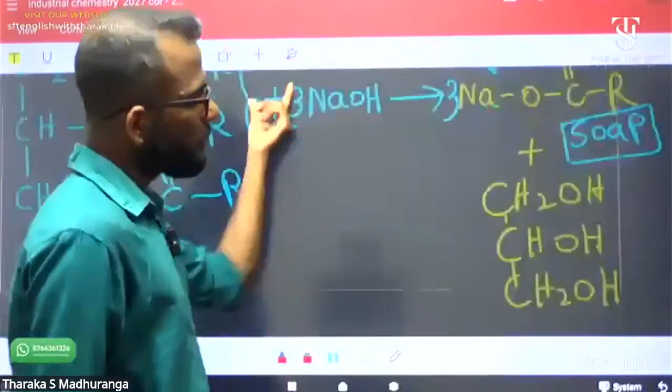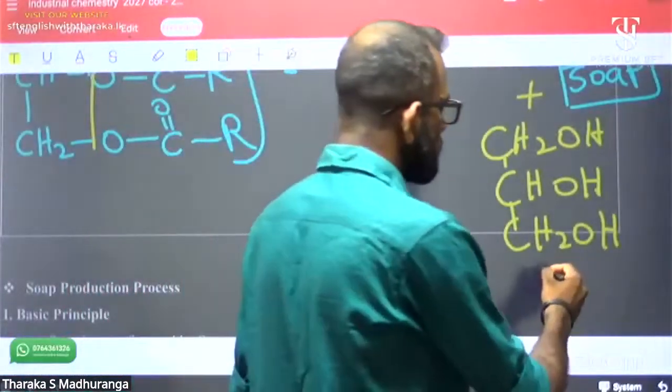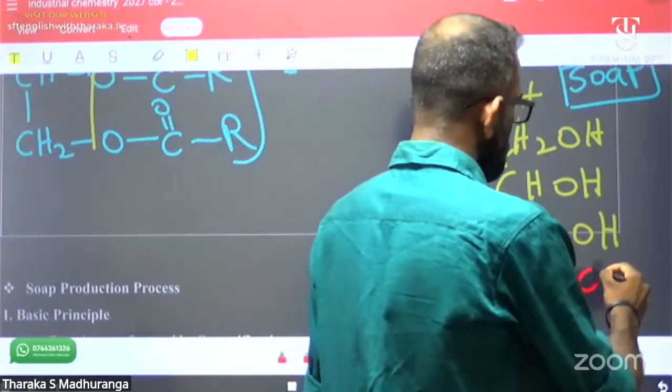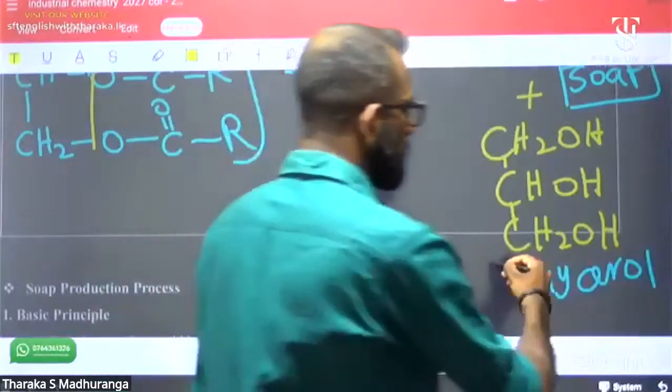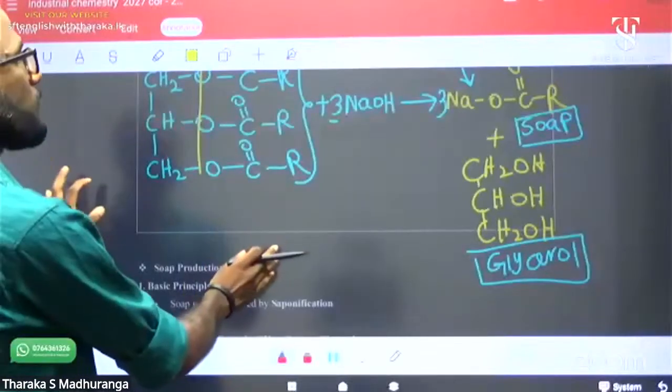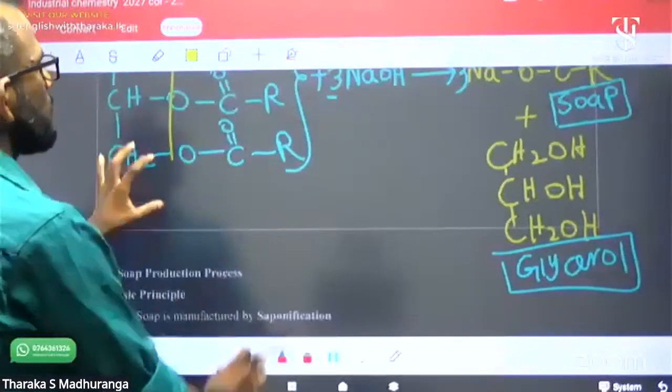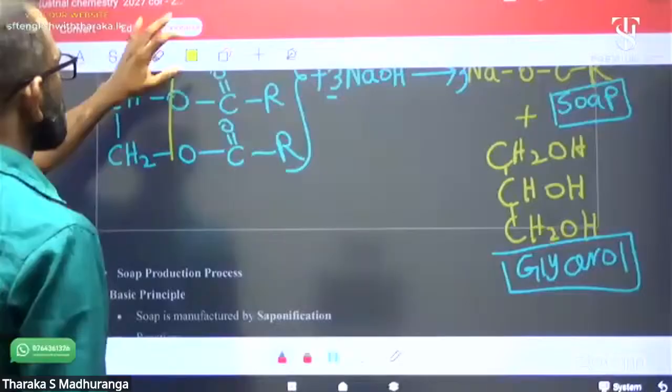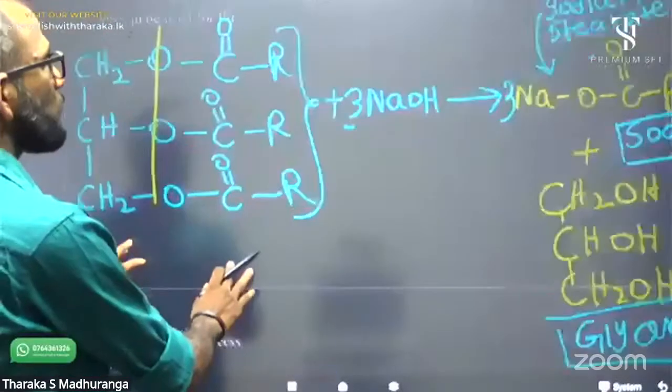And this is glycerol, this is a byproduct. Clearly note down this saponification chemical reaction.